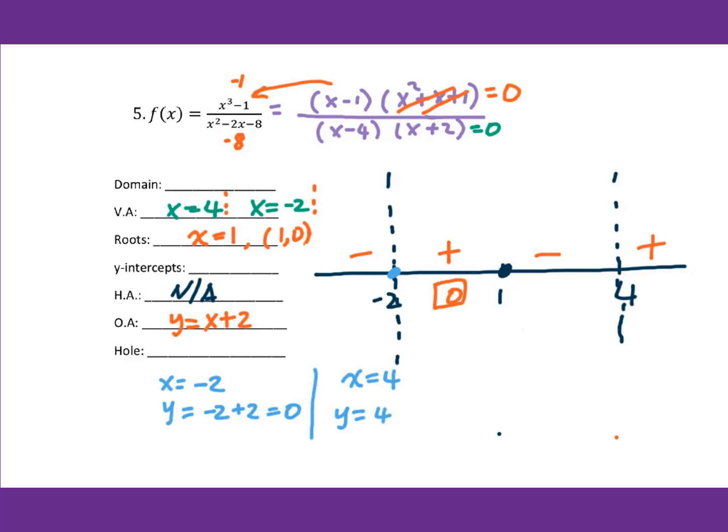We got 4 plus 2 equals 6. So it's supposed to be here. Then connect these 2 points. That will be the oblique asymptote line. Positive means above the x-axis, means above this number line. Definitely the graph like this.